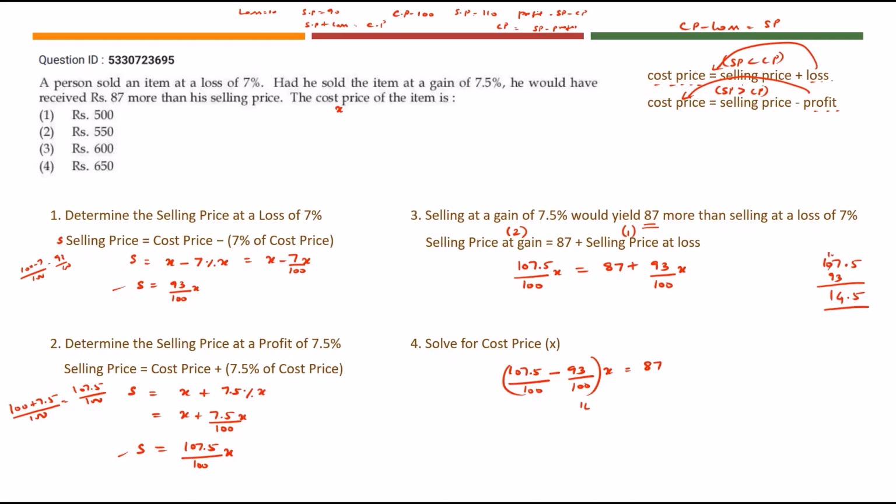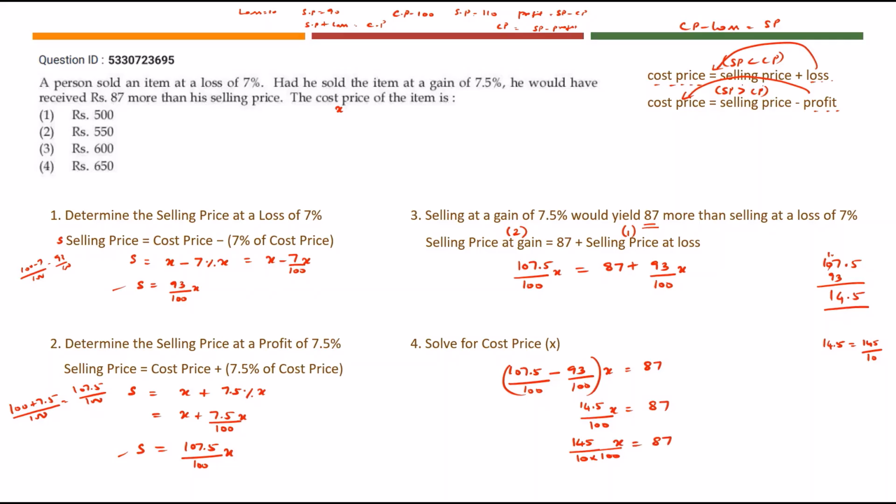So we have 14.5 by 100 into X, which is equal to 87. Now if you want to find X, this 14.5 will go to the denominator. So we will convert this as 145 by 10 into this, and the 100 will be retained as it is. I am just converting 14.5 as 145 divided by 10 for easy computation, into X is equal to 87.